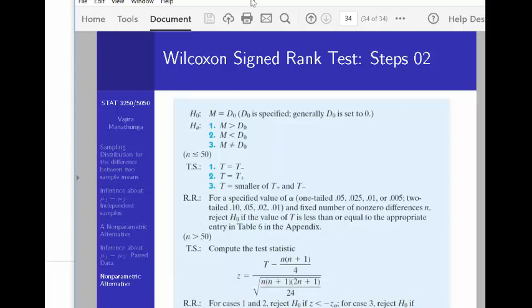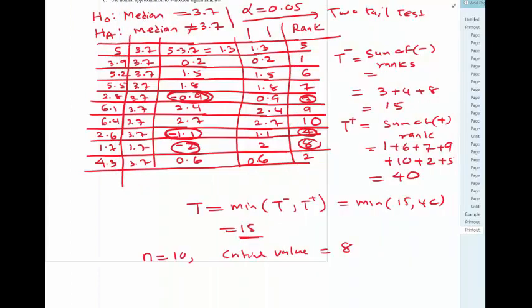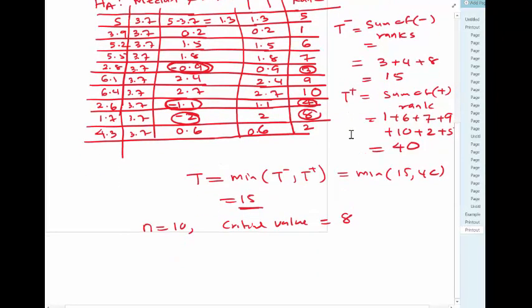Otherwise you fail to reject. So let's write that down. If the test statistic is less than the critical value, we reject H0.